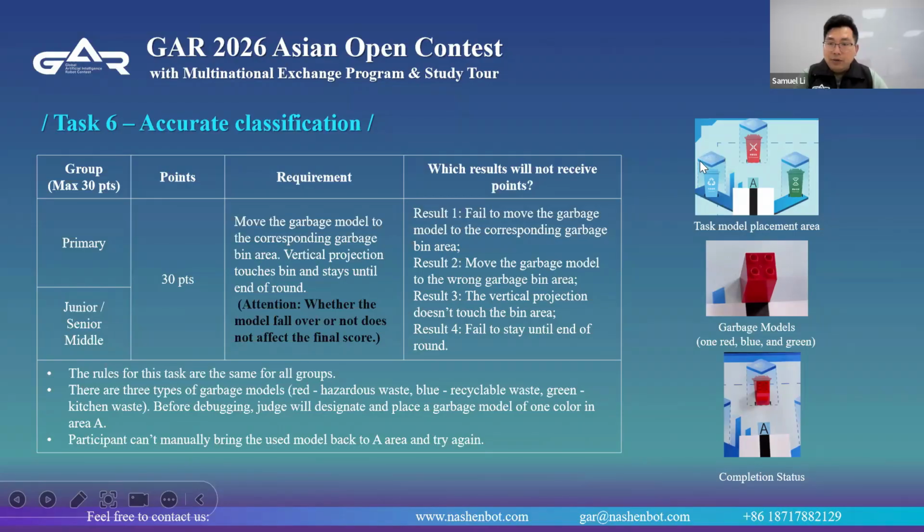The bin area includes this hole. If it does not touch the bin area, or fails to stay until the end of the round, you will get no score. So for this task, it is 30 points or no score.